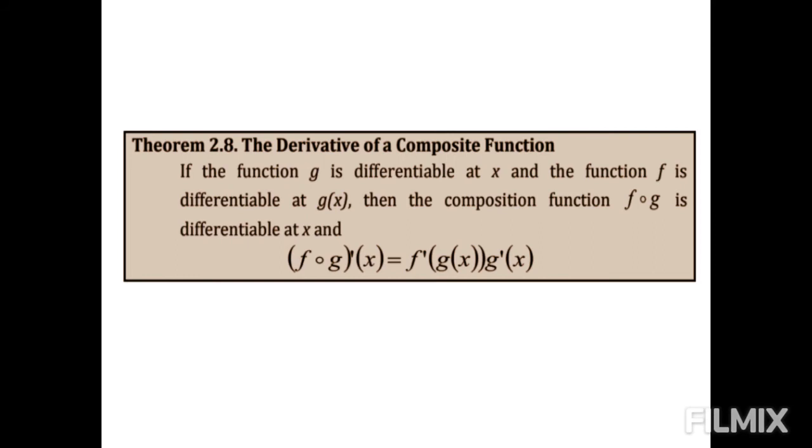If the function g is differentiable at x and the function f is differentiable at g of x, then the composition function f of g of x is differentiable at x, and we can denote the derivative as f prime of g of x times g prime of x. So let's see an example so that it will be easier to understand.